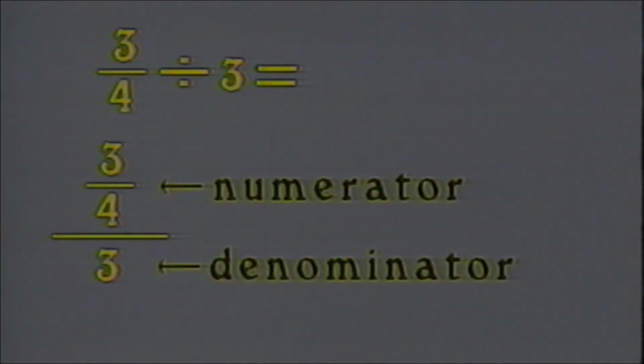My regular cheesecake contains 3/4 of a pound of cheese. 3/4 divided by 3 can be written as a complex fraction, with 3/4 in the numerator and 3 in the denominator. To simplify, we just multiply the numerator, 3/4, times the reciprocal of the denominator.